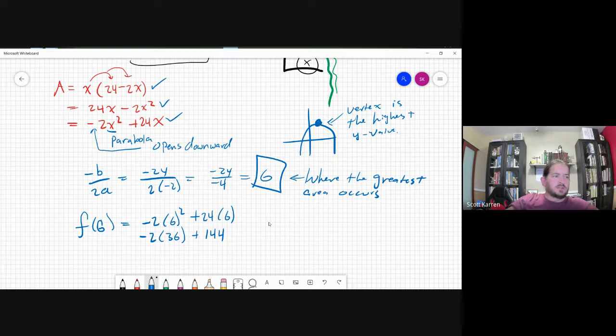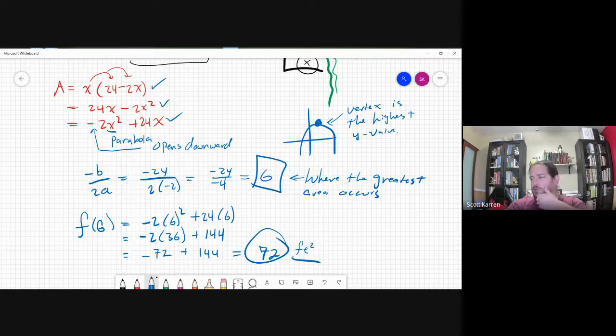And then 2 times negative 36 is negative 72. And so I have 72 square feet, right? We want the units, square feet. But that's the maximum garden pond or koi pond or whatever it was that we were doing, right?